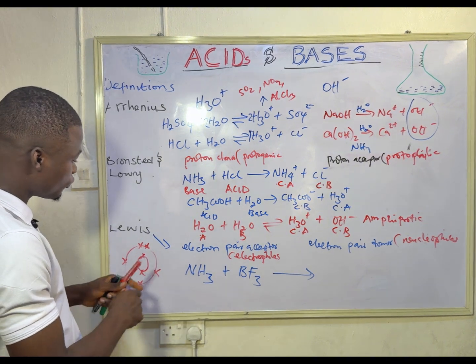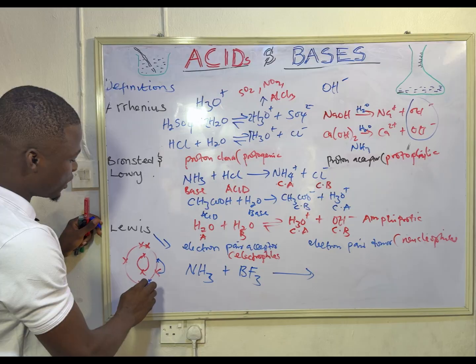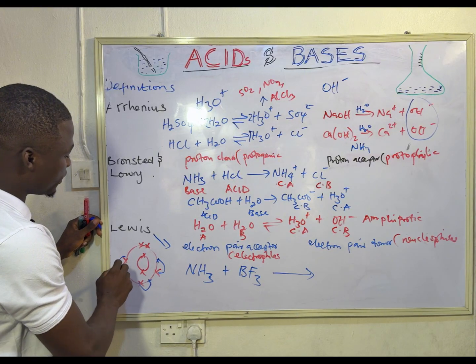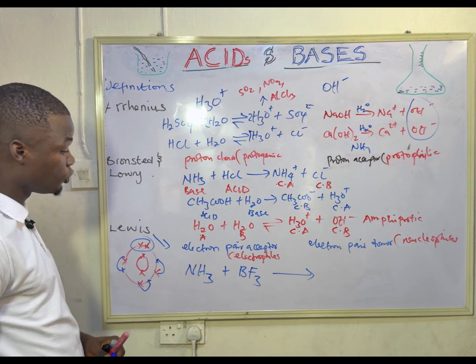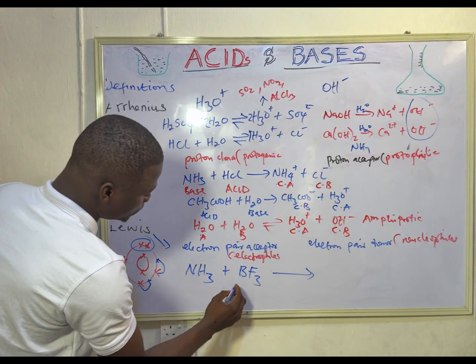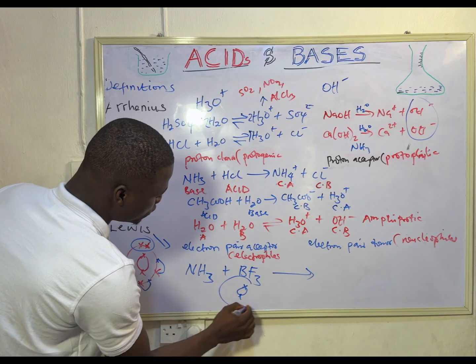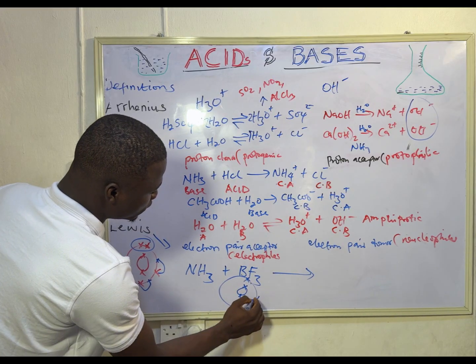So one of the hydrogens bonds here, another hydrogen bonds here, and the other hydrogen bonds here. So we have a lone pair of electrons on the ammonia molecule.